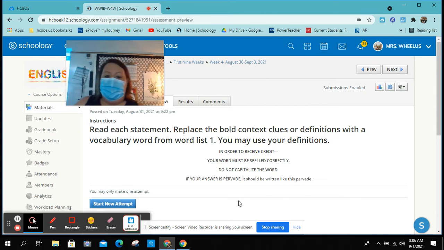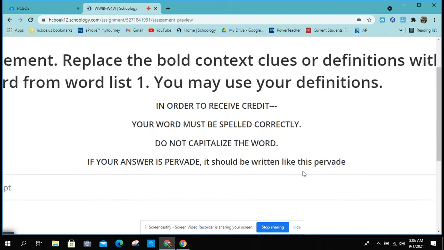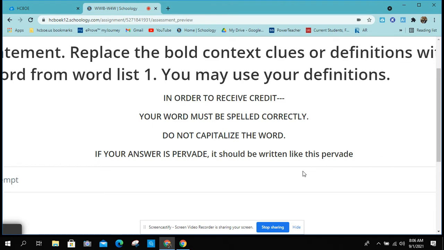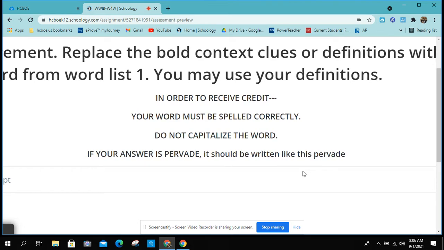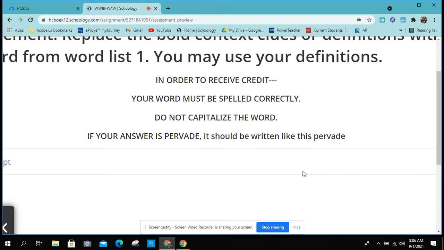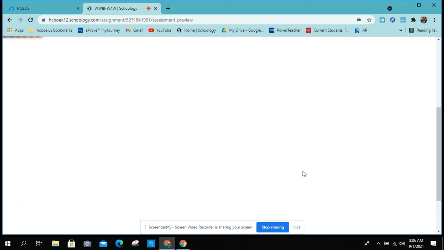Okay? Now, if your answer is pervade, it should be written like this. And I even gave you an example of exactly how it should be typed. There is no reason for you not to do this correctly. Okay? All right.